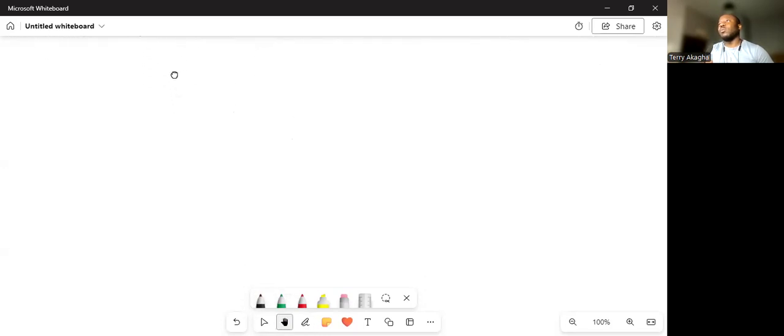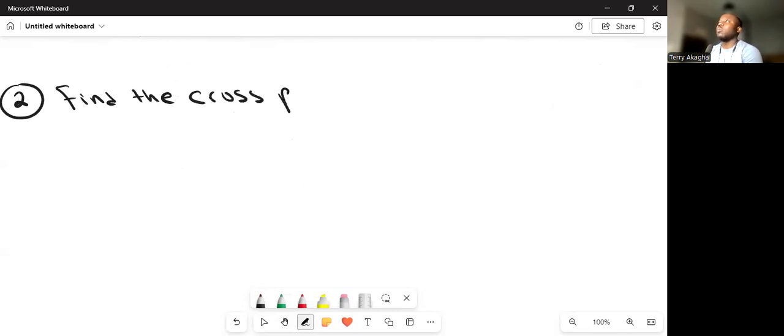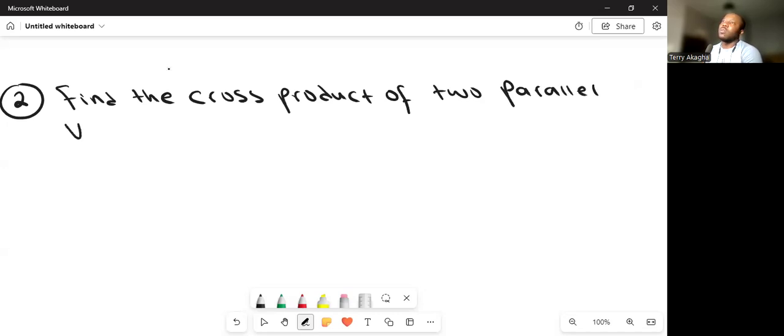All right, so number two, same thing. We have this question: find the cross product of the two parallel vectors given below. Okay, so they are parallel.